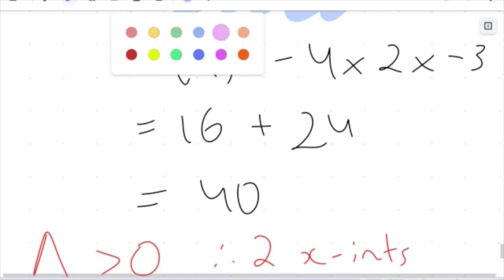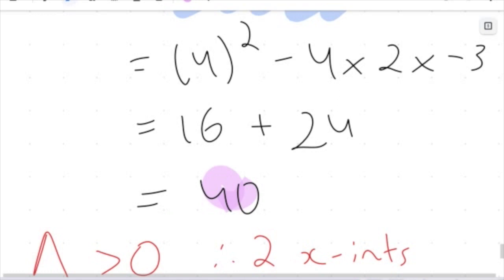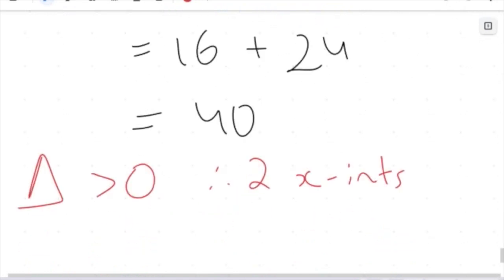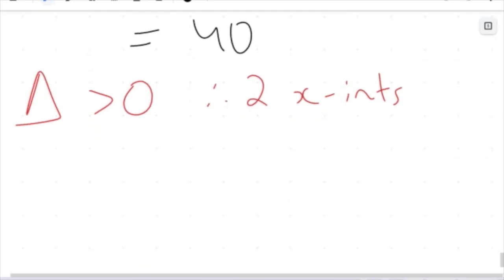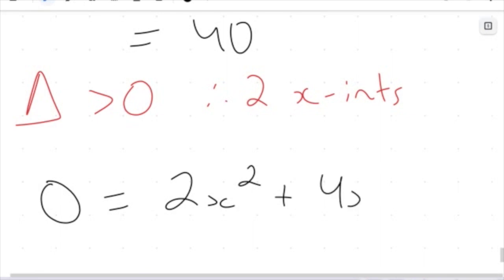So once I get this, I can sub this value straight into my quadratic formula. So for my x-intercepts, I get this when y equals 0. So I want to solve the equation 0 equals 2x squared plus 4x minus 3.